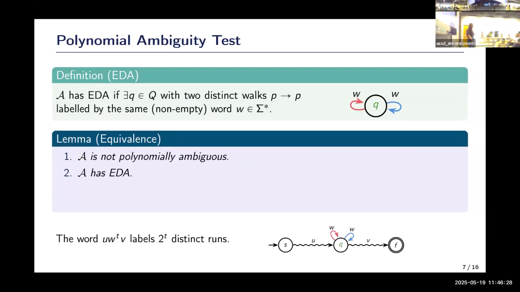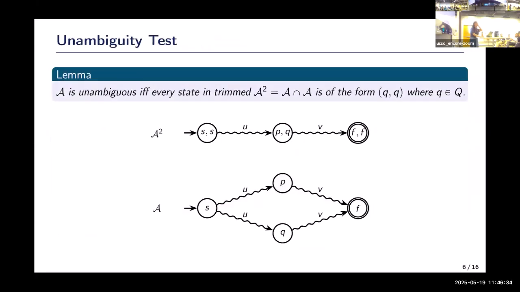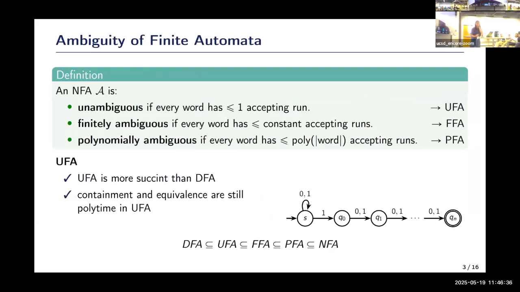But I would be quite interested. So sorry, this polynomial depends on the size of the automaton, and when I say polynomial, it is in the word length. So I can have something like 2 to the power n, where n is the number of states, but this is still constant with respect to the length of the word.